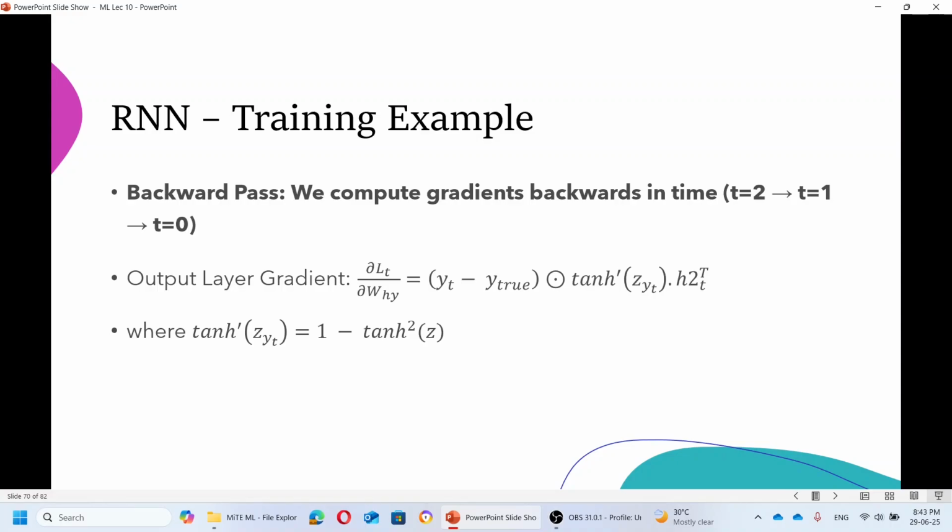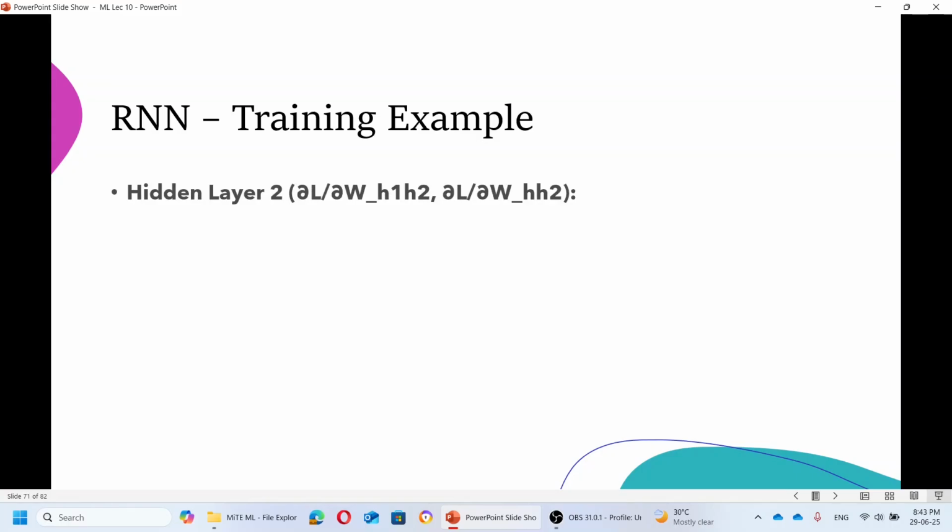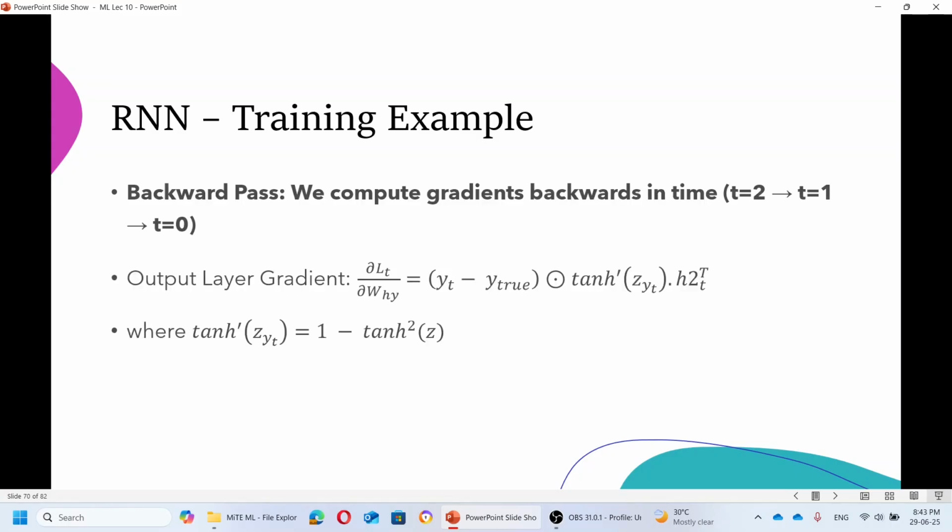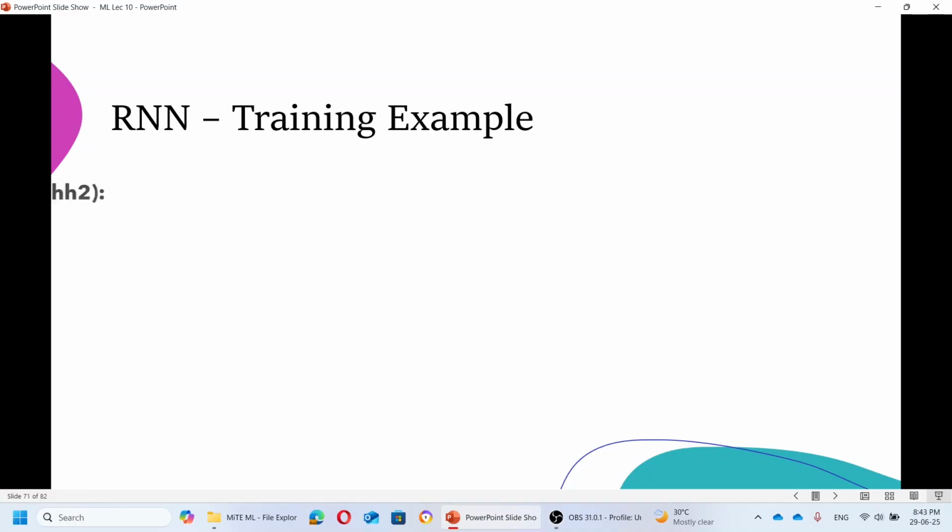The capital T is the transpose and the small t is the time step. And we know that the derivative of tanh is 1 minus tanh squared of Z. So we don't have to compute the derivative; we will use this equation.